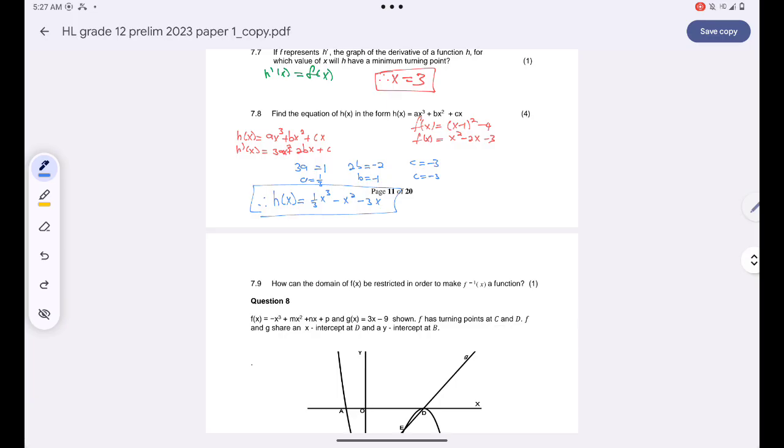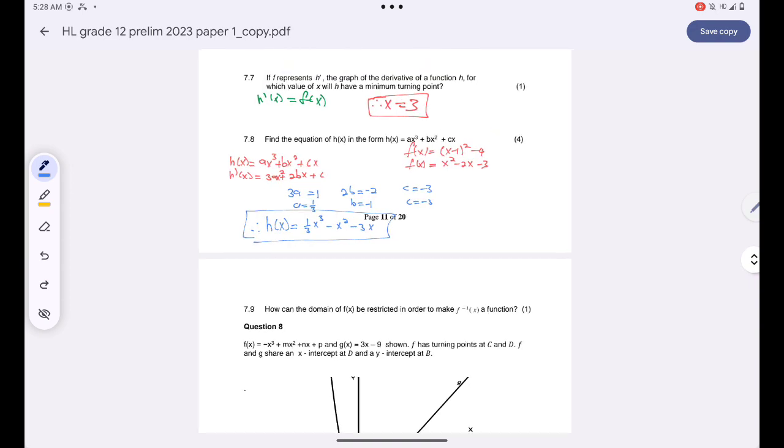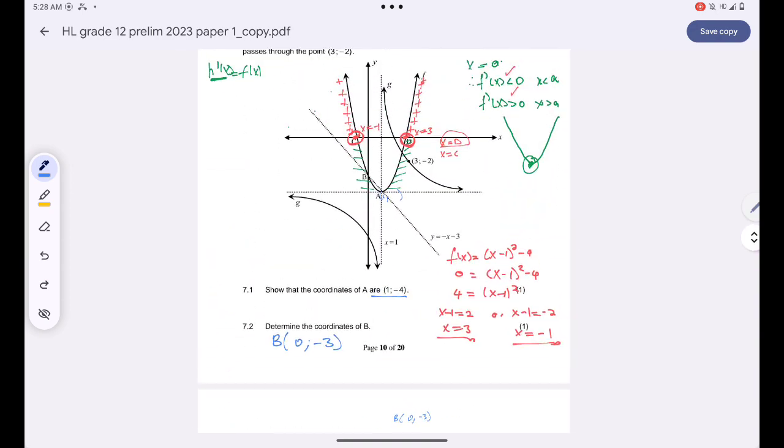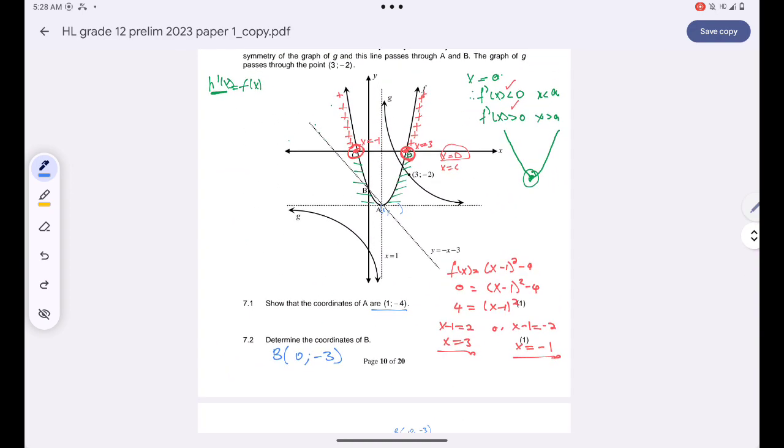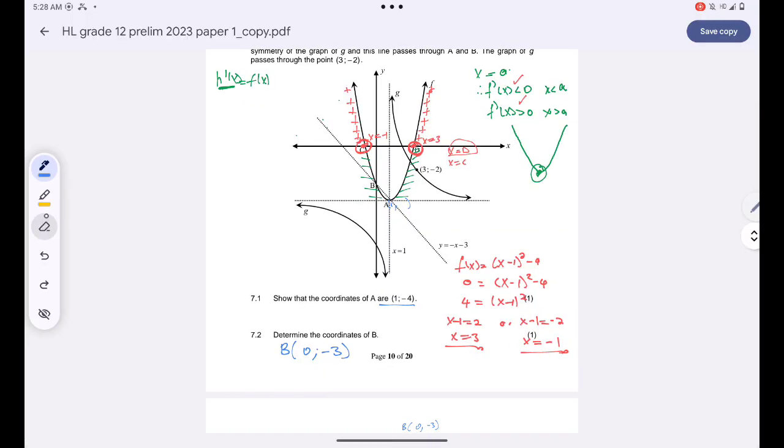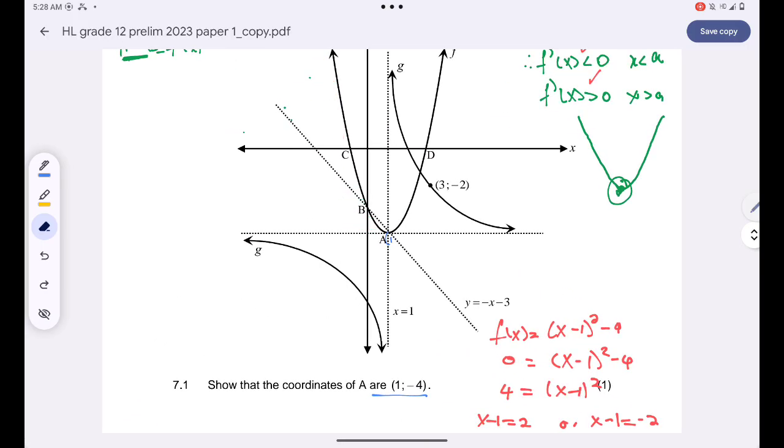And then the last question, we are being asked how the domain of f of x can be restricted in order to make the inverse a function. How can the domain be restricted? Okay, you can simply restrict your domain like this, guys.